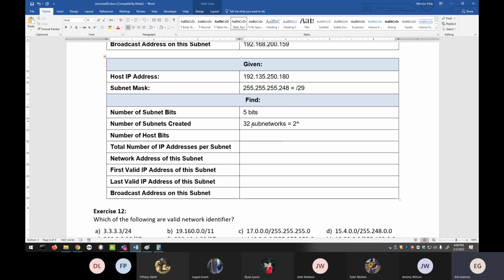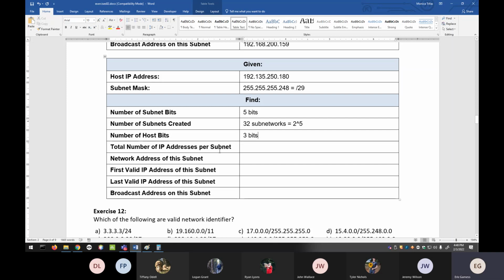Okay, 2 to the power of 5 is 32. Okay, how many bits are left for the host part? Three bits, correct. Okay.